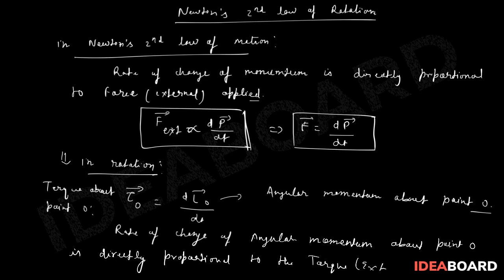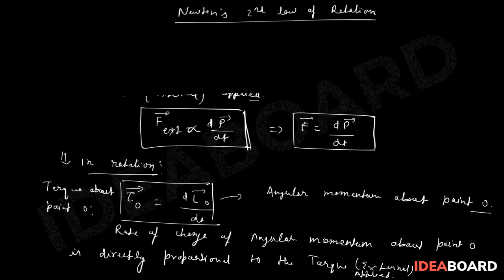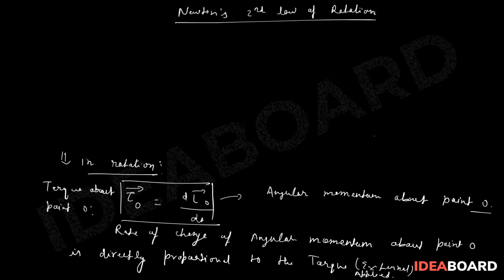And when we are talking torque, this is external torque applied. Okay, so similar to the point which we had seen earlier. So now we can actually further extend this one in order to find a very important relation.